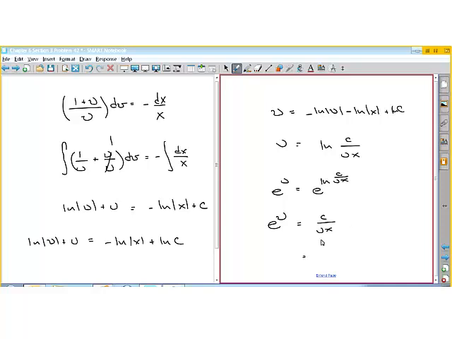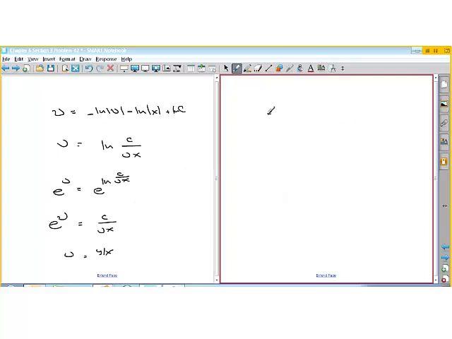At that point, we can substitute in. So remember, nu is y over x. So we get e to the y over x is equal to c over y over x times x. And so the x's cancel out, and you get c over y.